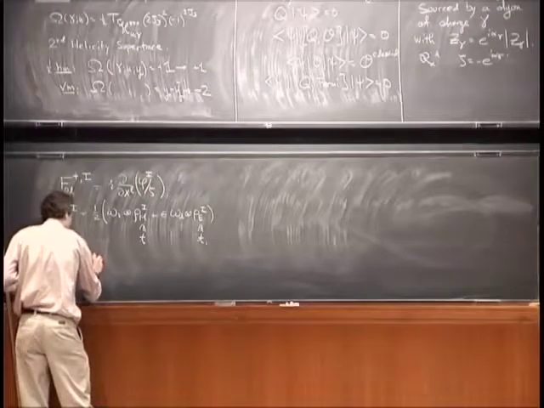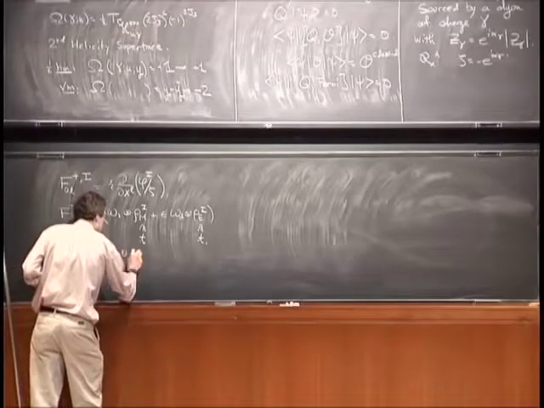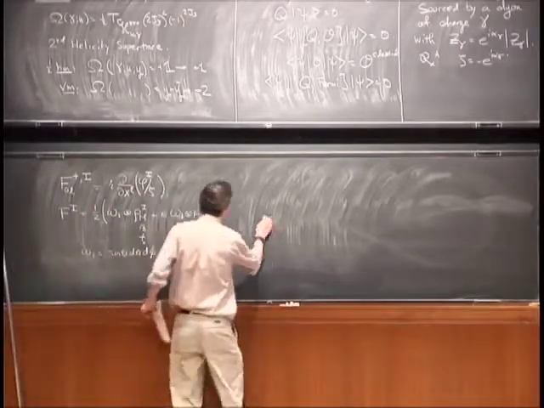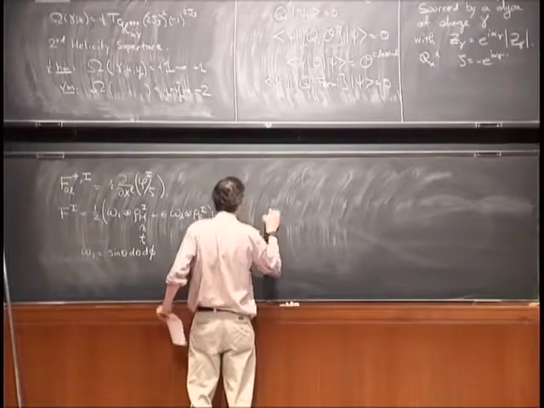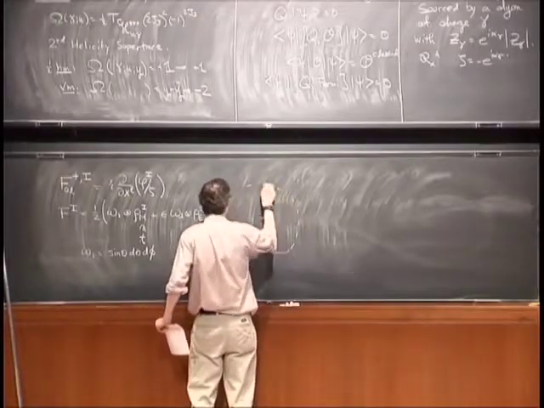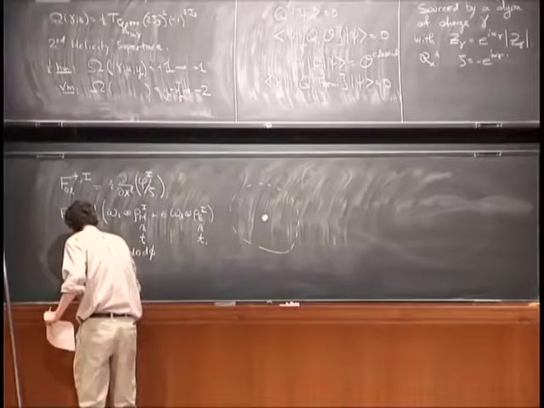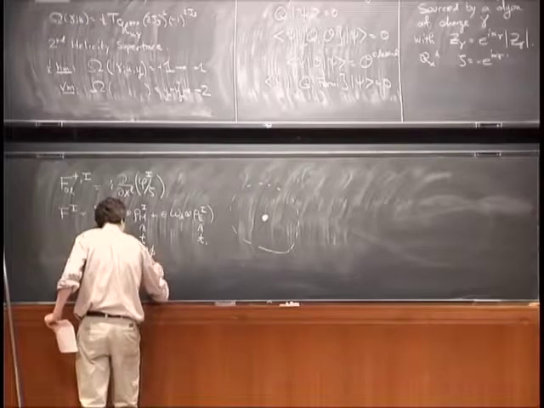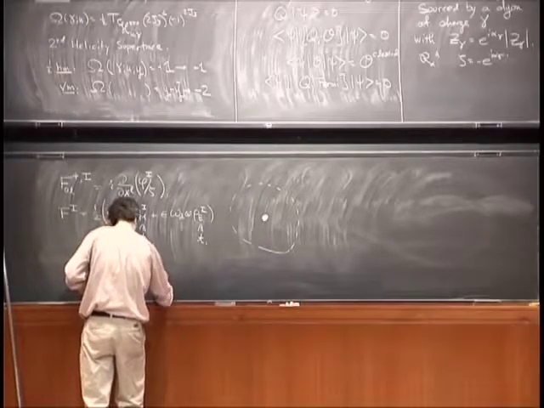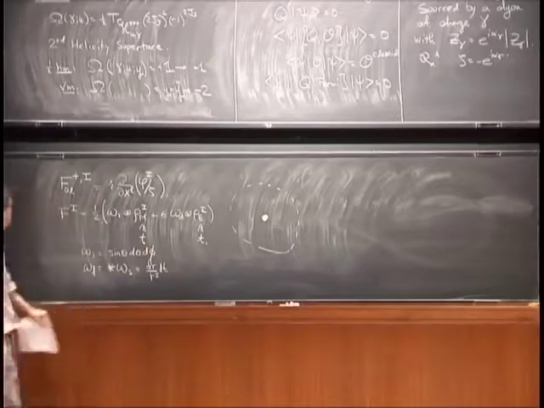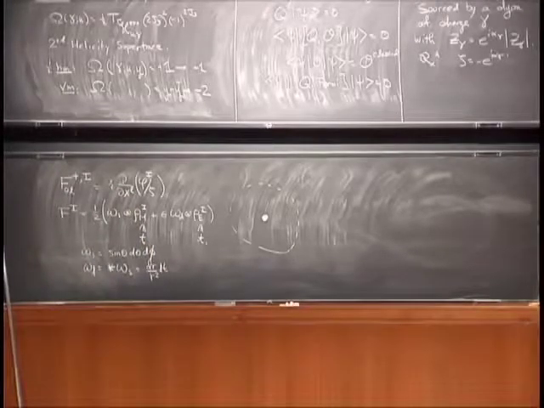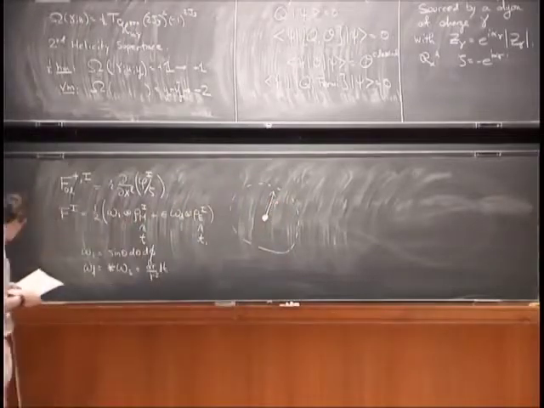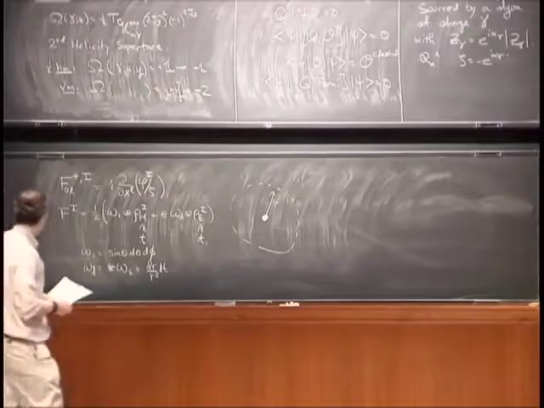Omega_s here is sine theta d theta d phi. It's the volume form on a sphere. So we have a sphere here, which is surrounding our BPS particle. Omega_d is the four-dimensional Hodge dual of omega_s, and so that's dr over r squared dt, where r is the radial distance from the particle.